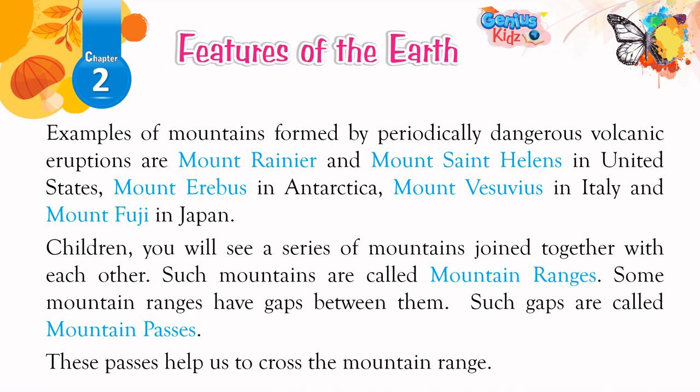Children, you will see a series of mountains joined together with each other. Such mountains are called mountain ranges. Some mountain ranges have gaps between them. Such gaps are called mountain passes. These passes help us to cross the mountain range.